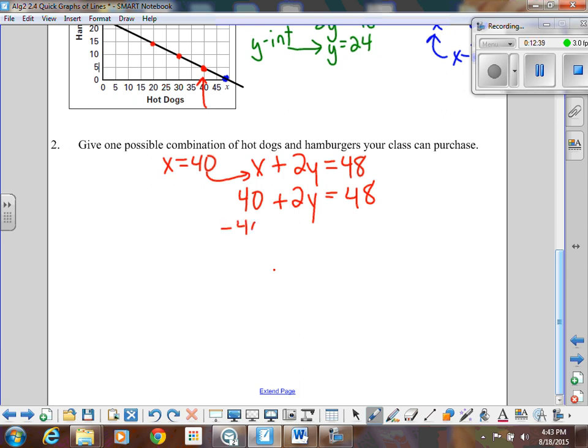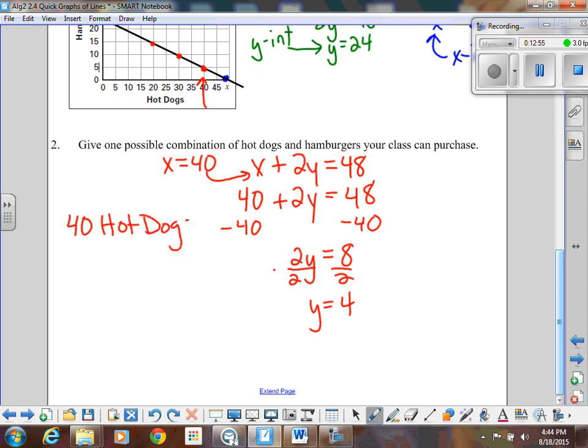So let's subtract that 40. That leaves me with 2y equals 8. Divide both sides by 2, and we're getting y equals 4. All right, so it was 4, it wasn't 5. So that means I'm going to have 40 hot dogs and 4 hamburgers, and that's just one combination that works.